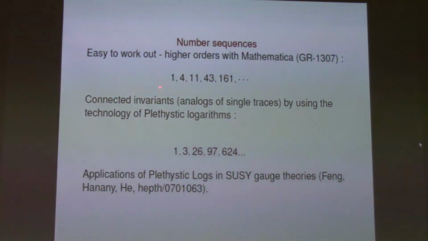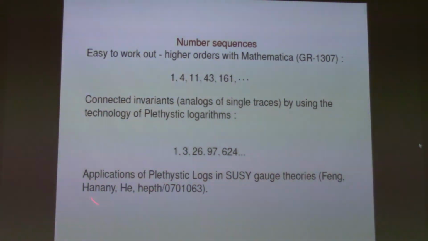And then if you want to count connected traces, or connected invariants, which are the analogs of single traces, so you can have 5 and 5 bars, there are these lines connecting 5 and 5 bars. If you want to have connected composites of 5, there's a nice way to do it using plethystic logarithms, which have been used in Amihay's papers in supersymmetric gauge theories and so on.